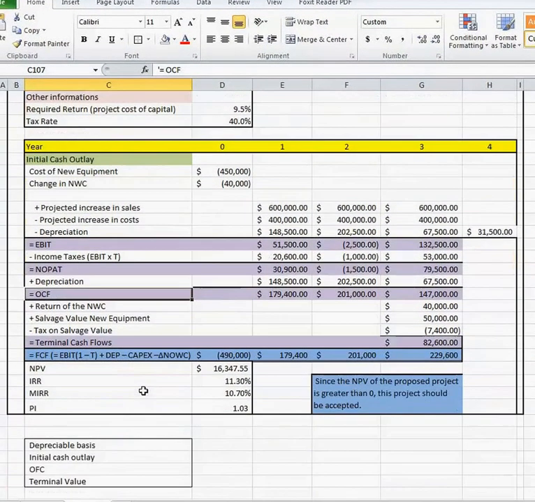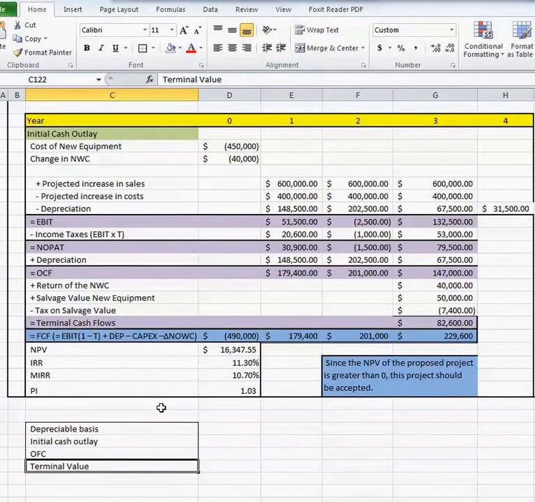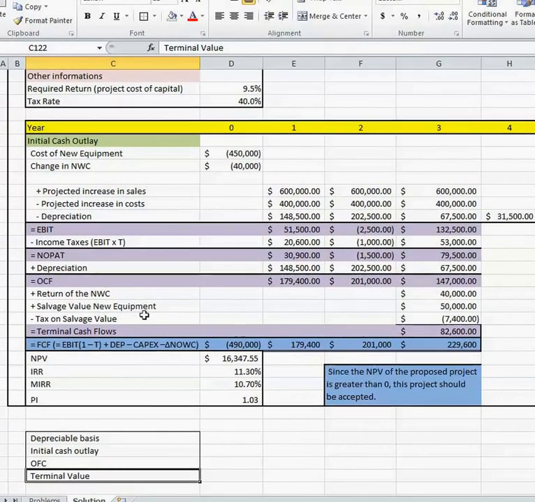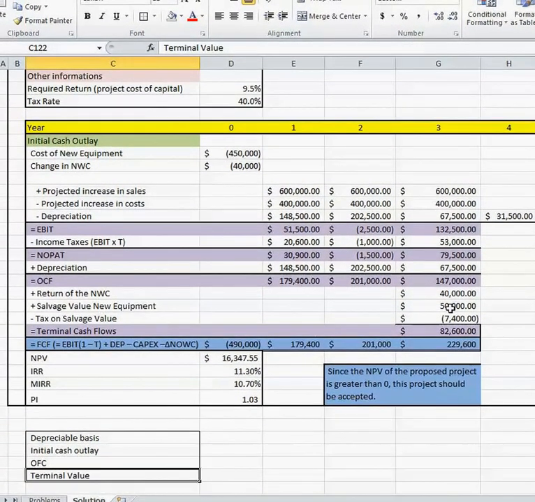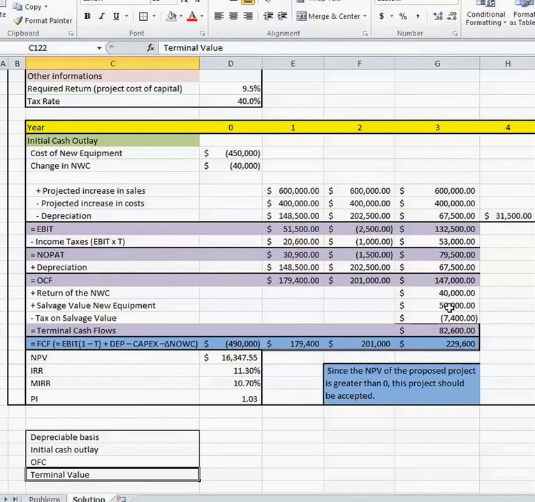If you remember, terminal value is another important thing we need to know. Terminal value equals the value of this project when you terminate it. If you terminate this project at the end of year 3, what's going to happen?